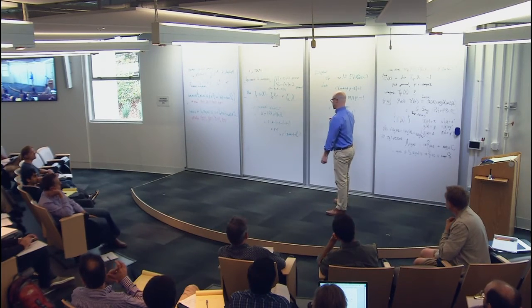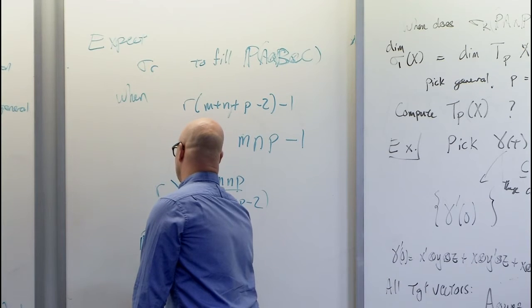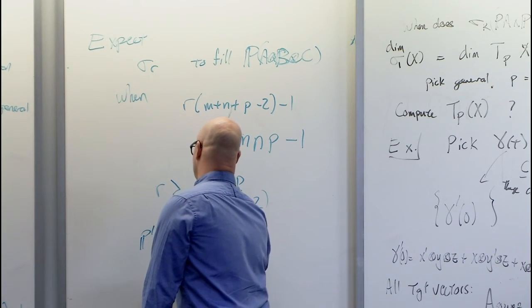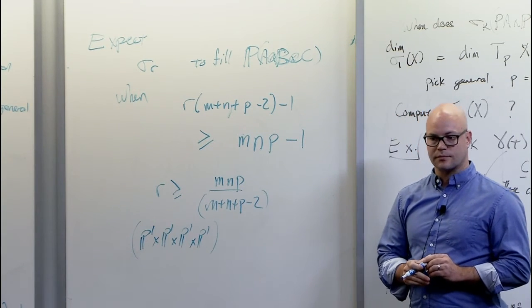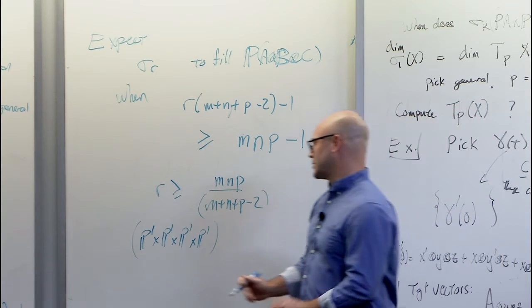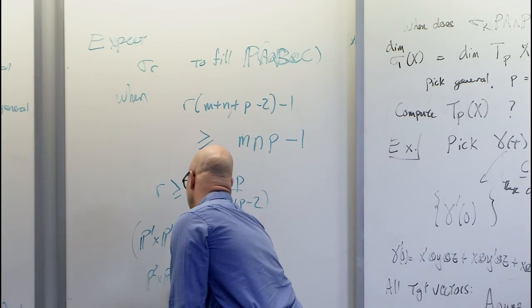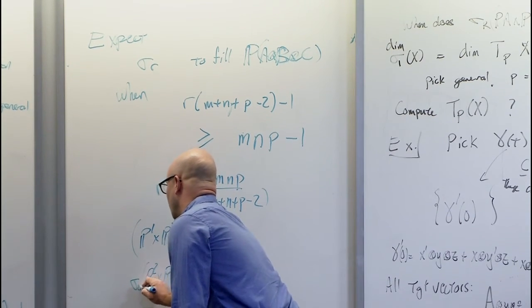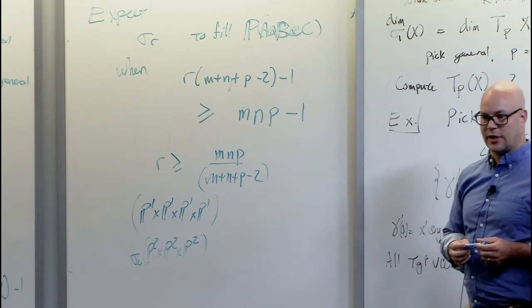Maybe the smallest example where it fails, try this one, 4 factors. Already with 3 factors there are some as well. So how about P2 cross P2 cross P2, and then sigma 4. This is expected to fill, but it's actually a hypersurface, Strassen's degree 9 hypersurface.